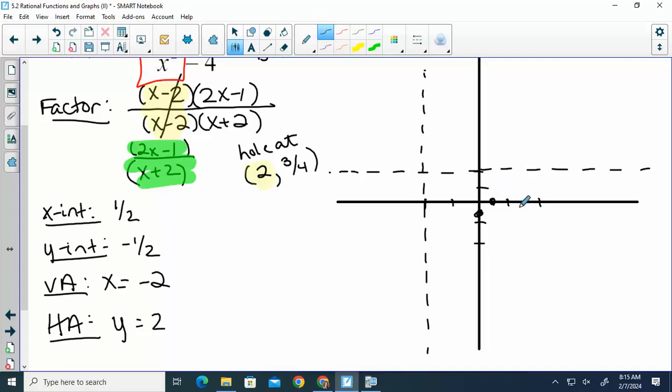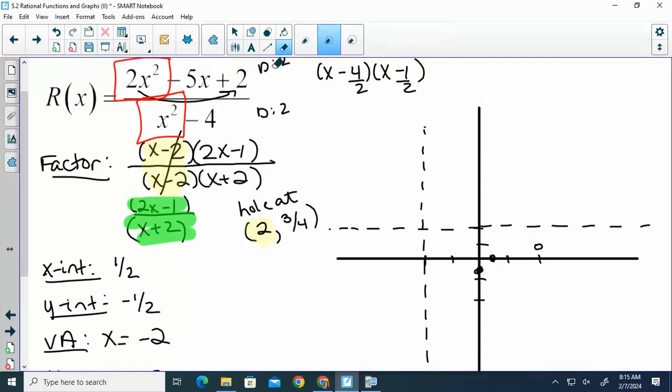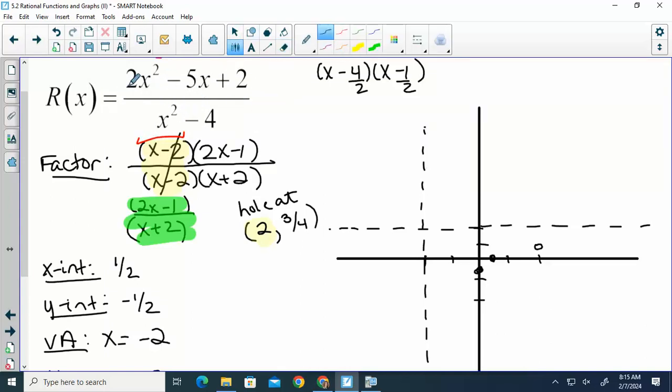We have a hole at positive 2, 3/4. So we draw that as an open circle. So now we need to graph back to the original. And again, either put it in using the fraction feature or add parentheses around the numerator and denominator.